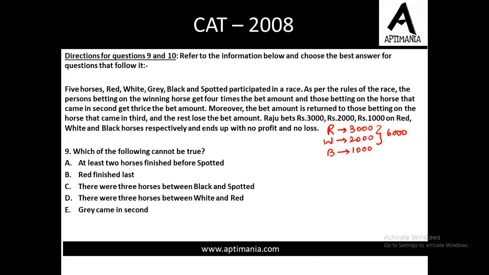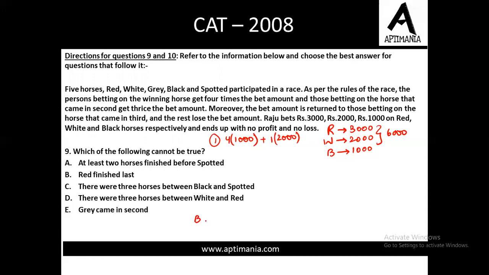So for total earnings to be 6,000, the possible cases are, the first case is if we get the black horse on the first position, so we'll earn 4 times the money, that is 4,000, and 1 into 2,000, which means the white horse should be on the third position. So let me draw the case for the same.